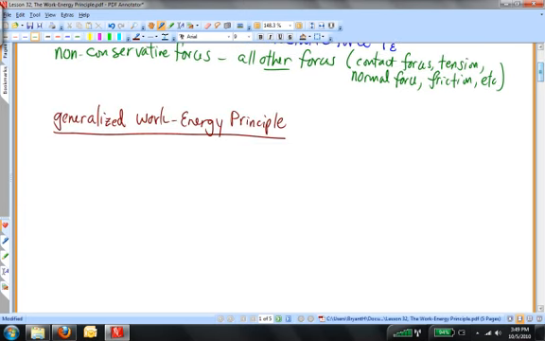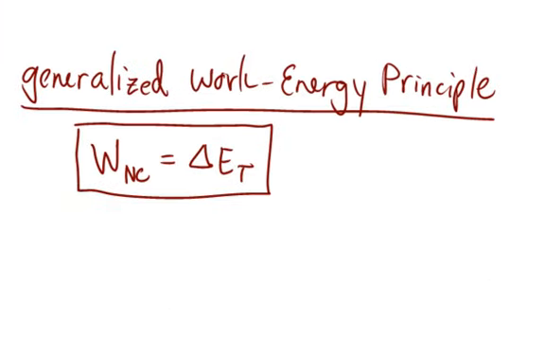And here's what it says in words. The non-conservative work that's done on a system is equal to the total energy change of the system. This is a powerful, powerful equation, and there's a lot that's wrapped up in it. Basically, the NC subscript on the work means that I'm just dealing with non-conservative forces.